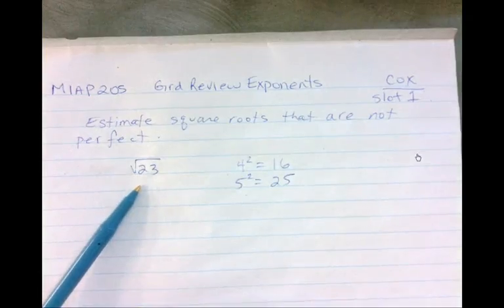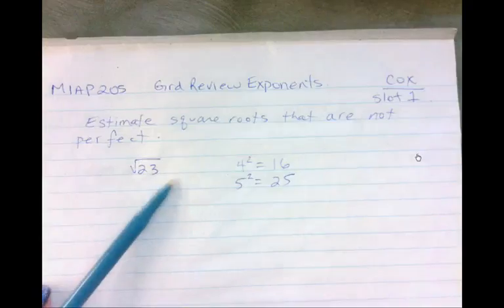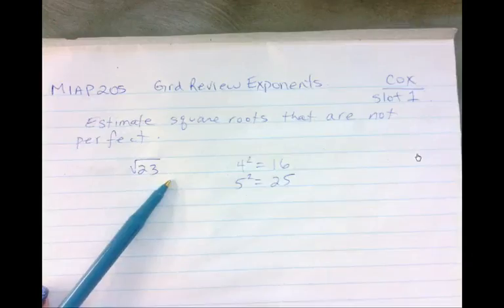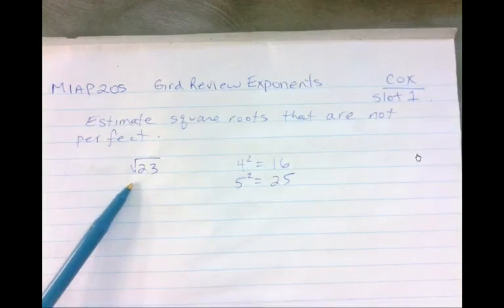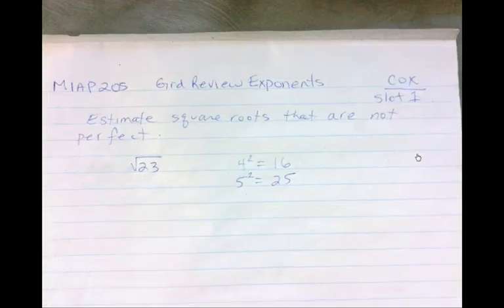Now you want to see which one it's closer to. Is it closer to the 5 or the 4? 5? So then you're going to estimate a decimal point. And at this range, let's say it's like 4.8, 4.7, right? Because it's pretty close to the 25, but not quite there.